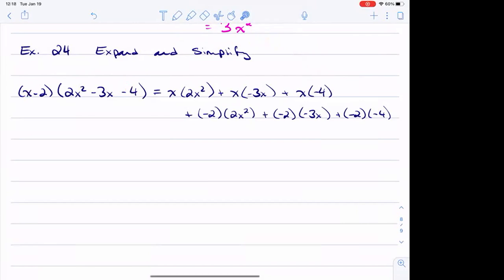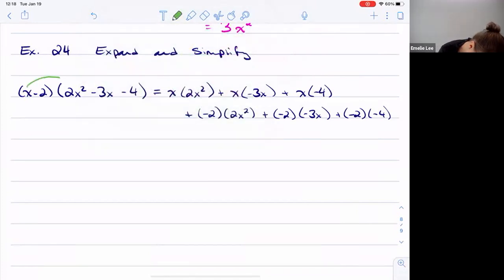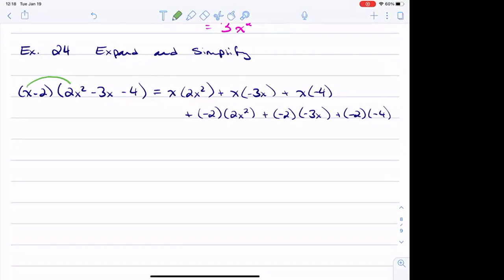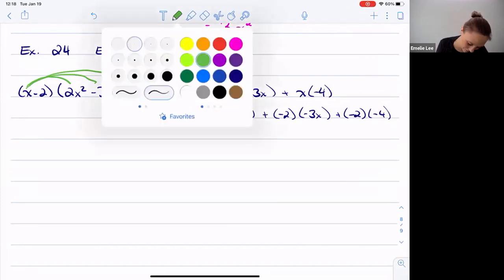So it goes like this. That's the first term, x times 2x squared here. Okay, sorry, I missed the whole equation. My screen was over there. No worries. Good. Glad we could clear that up.